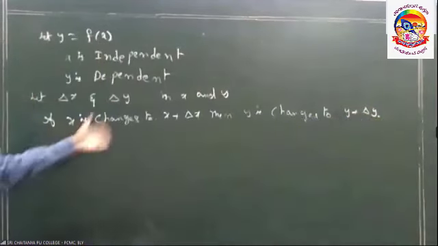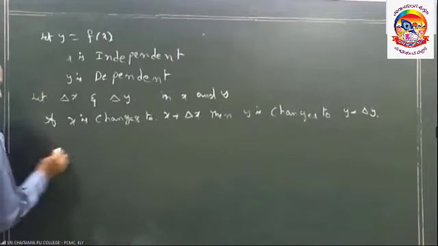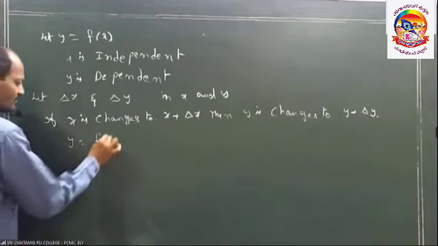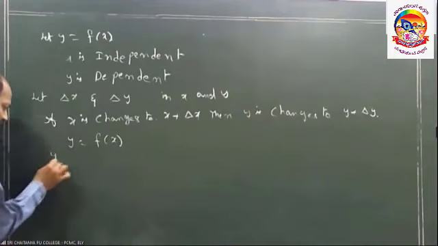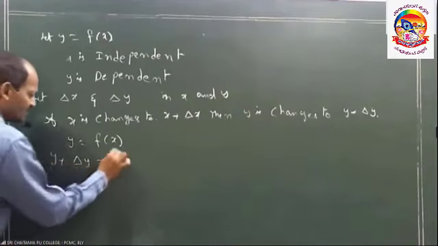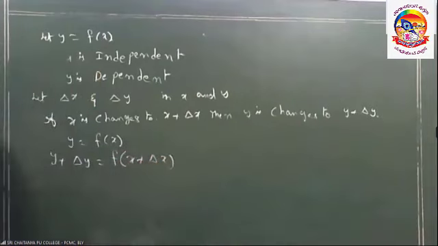Our function is y equal to f of x, so y plus delta y is equal to f of x plus delta x.